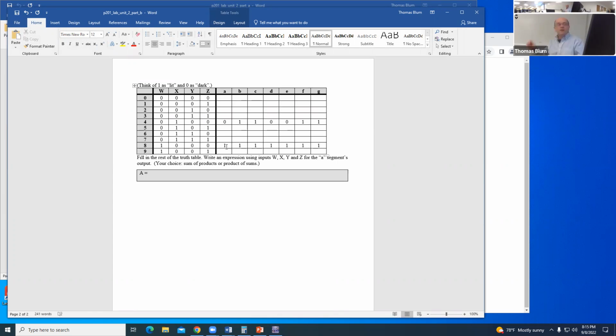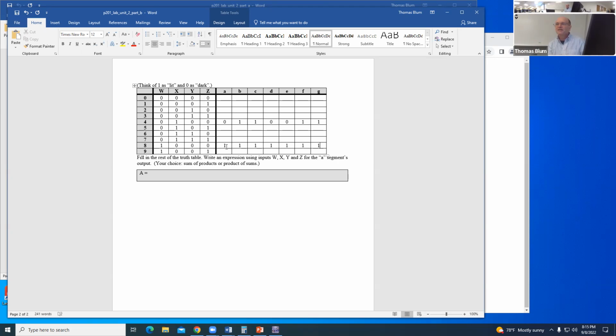The weird one, and for now you just make up your mind and you do what you want, is the 6. Does the 6 have a hat? Does the 6 not have a hat? Your choice. It's not always your choice. If we go to hex, it's not your choice because we have to make a distinction between a B and an 8 and a 6, and then the hat will be important.